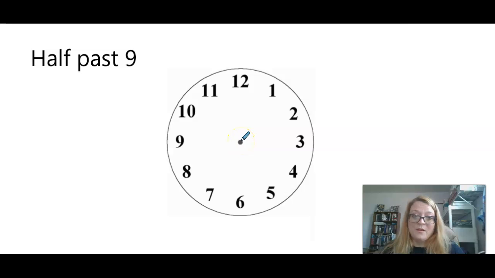Okay. So it's 9:30. That means that my hour hand is between the 9, but it's not yet to the 10. My hour hand is the short one. Okay? And then my minute hand is the long one. And what number should my minute hand be pointing to if it's halfway through the hour?